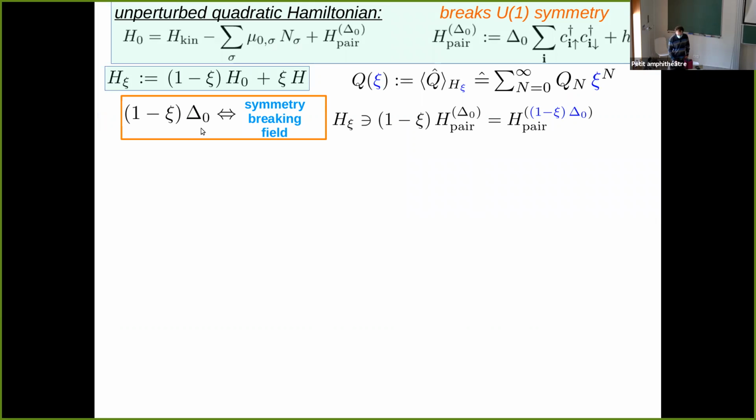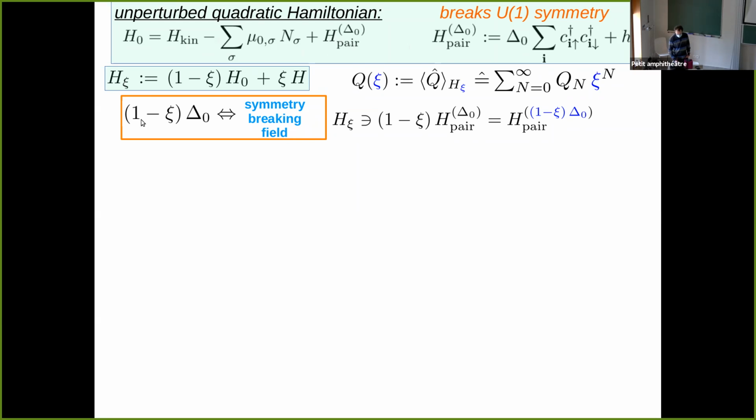So here is an important observation. In this h psi, you have 1 minus psi in front of h0, and h0 is the one which contains the symmetry breaking term. So you see that effectively in this h psi, there is a symmetry breaking field, which is delta 0 multiplied with 1 minus psi.